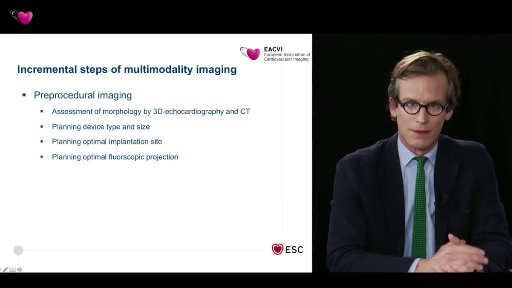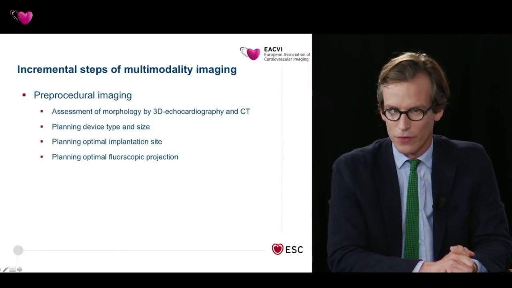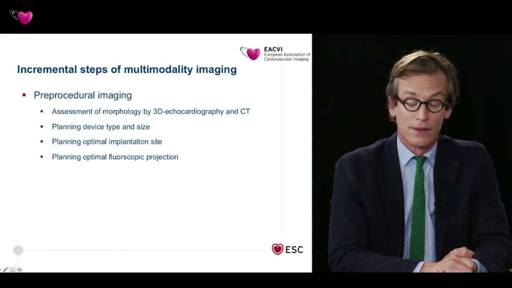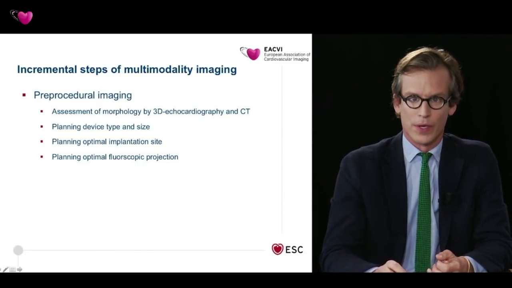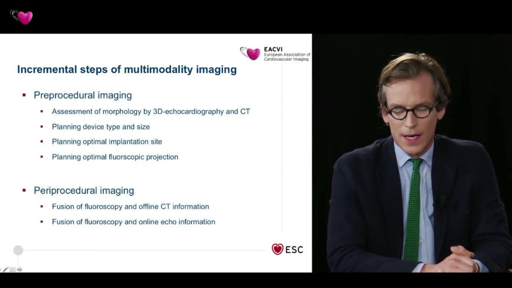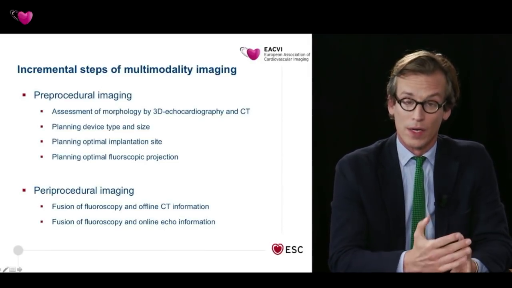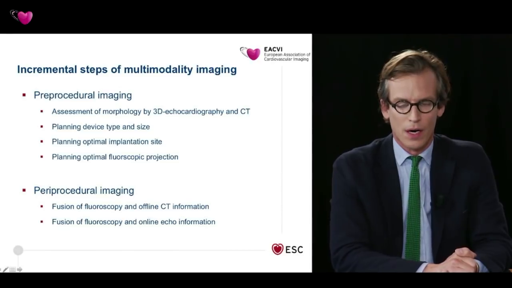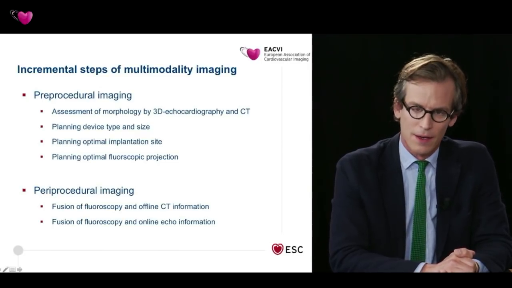It's defining and interpreting the optimal landing zone for our device. And what you also do pre-procedurally is planning optimal fluoroscopic projections. And the other part of multimodality imaging is then when it comes to interventions in the hybrid OR, and this is where we want to focus on fusion of fluoroscopy and offline CT information, and also on fusion of fluoroscopy and online echo information.